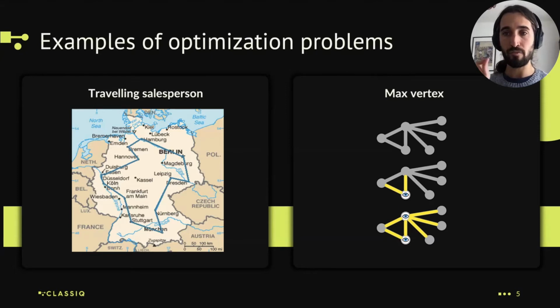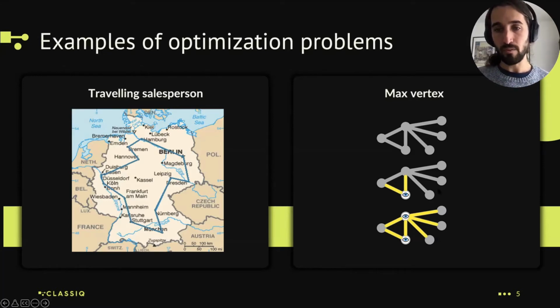That means the vertices and the lines, the edges between them. And I want to choose a subgraph, just part of the vertices, such that each edge will be covered by at least one vertex from the subset. Here we have an example of a graph, and if I choose these two vertices, I will cover all the edges of the graph.